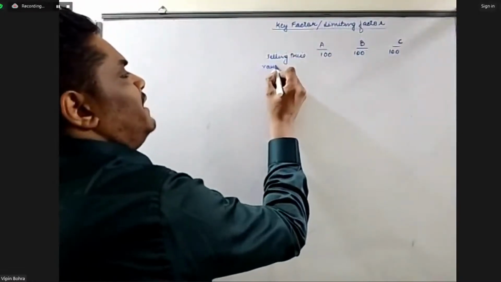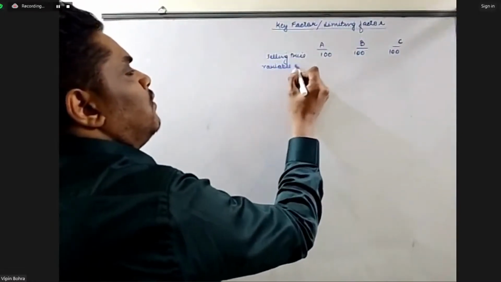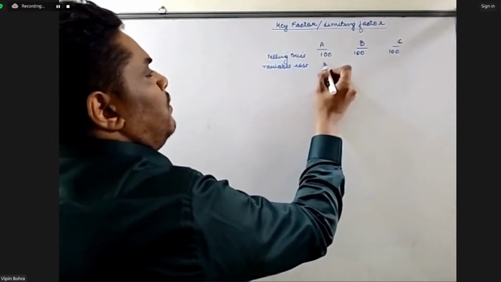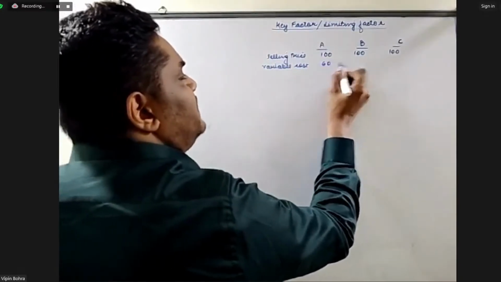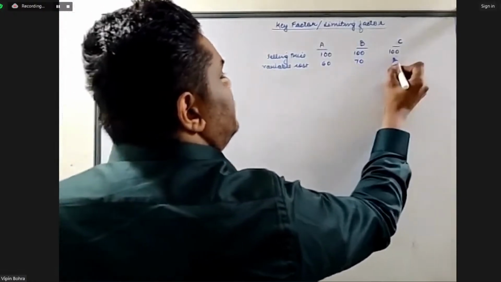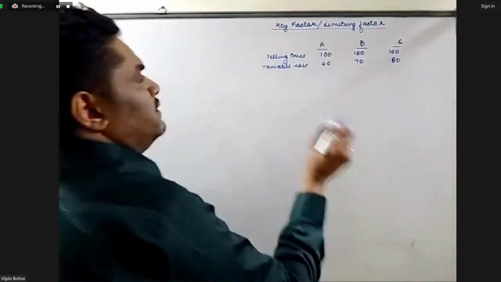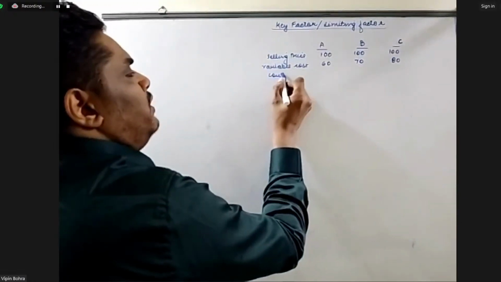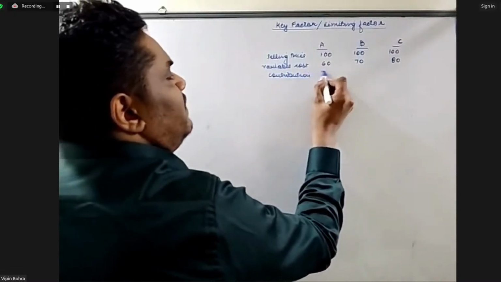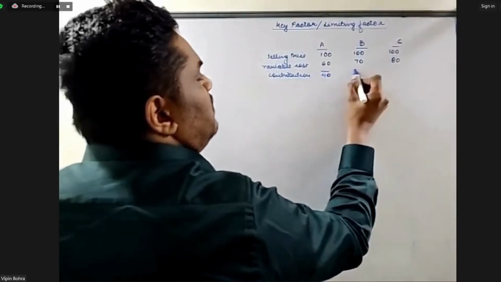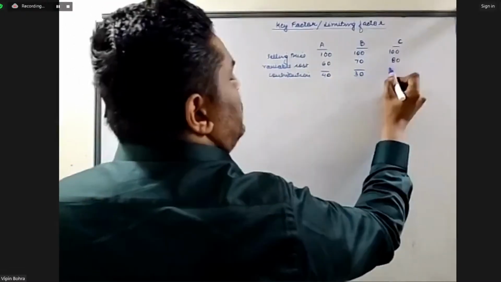When talking about variable cost, the variable cost of product A is 60, B is 70, and C it is 80. Therefore, my contribution will be 40, 30, and 20.